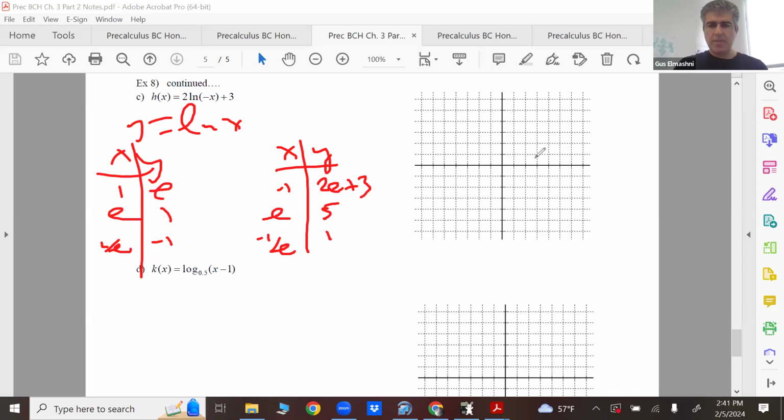So e is like 2.7, -1, 2e plus 3, gosh, 5.4 plus 3, but 8.4, I think. Then -1 over e looks like a decimal. Wait, did I make a mistake somewhere?